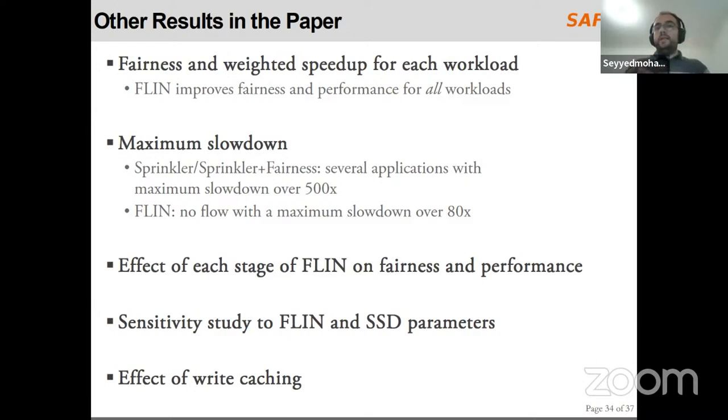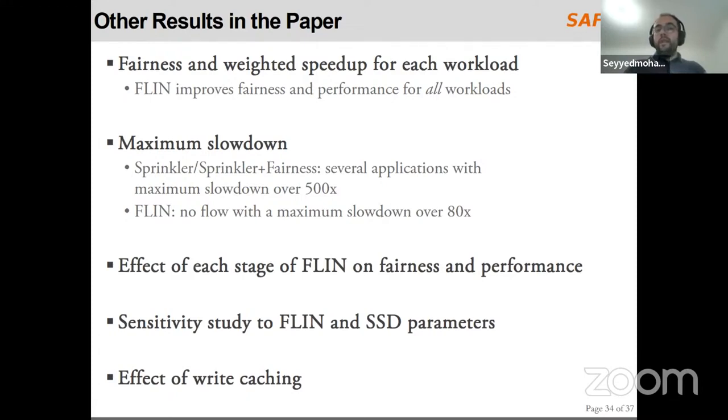Remember that FLIN has three stages. So we show the effect of each stage of FLIN on fairness and performance, which is quite interesting to take a look at. Overall, we observed that the first stage of FLIN is very important and has more contribution to improving fairness.